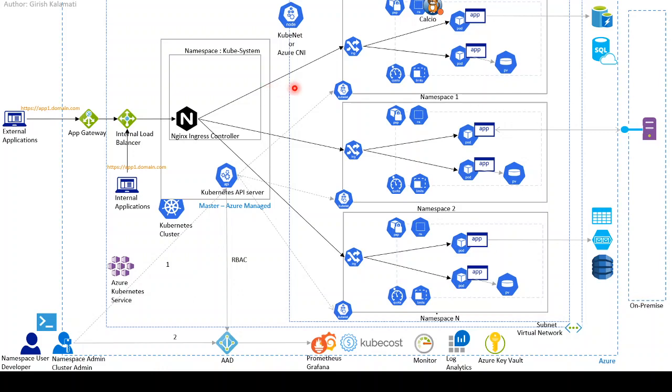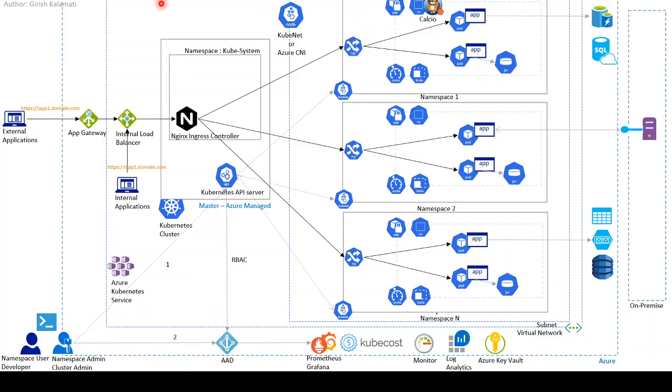Once the request gets redirected to your particular namespace, it needs to know which pod or application it needs to land on, and which port. Where we define that criteria is in a location called Ingress.